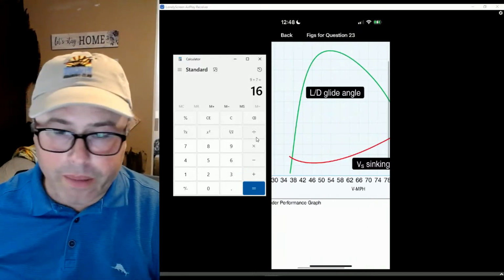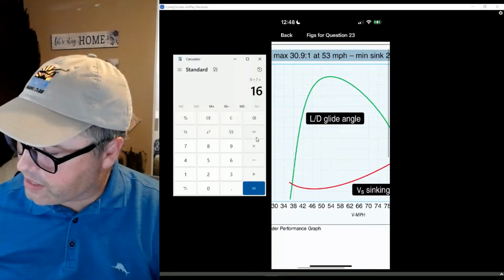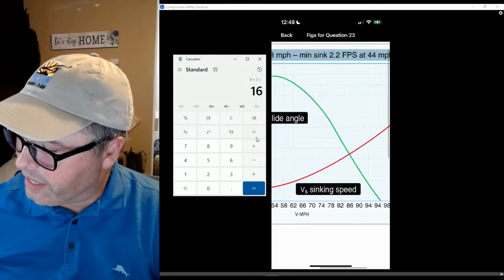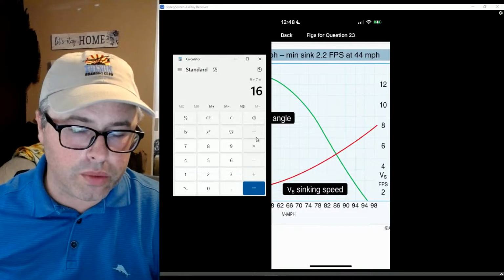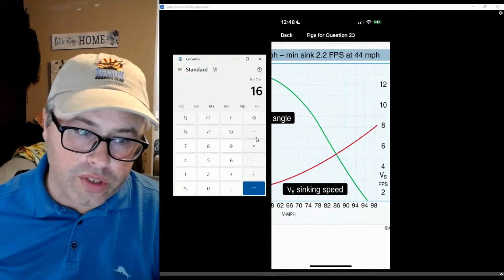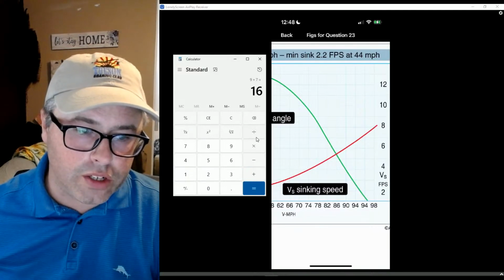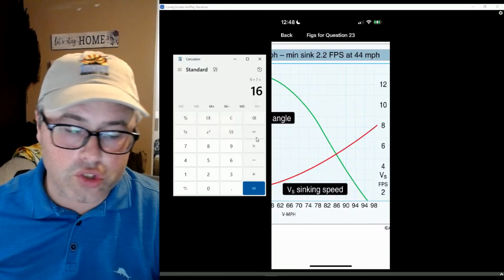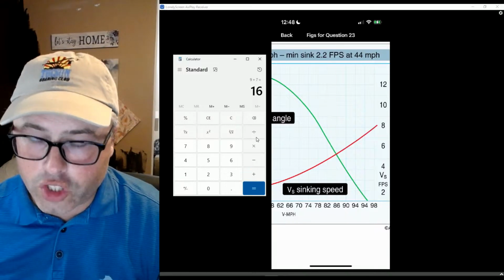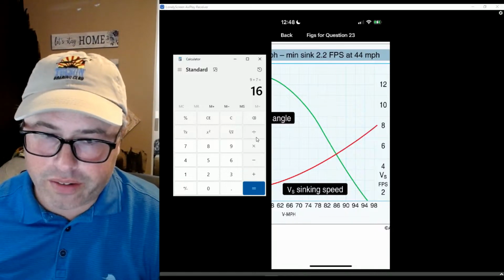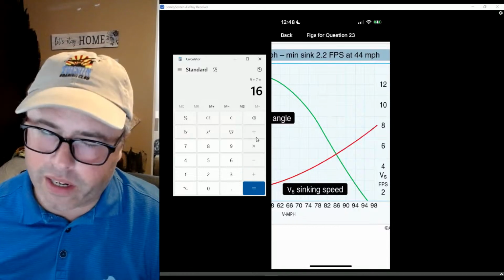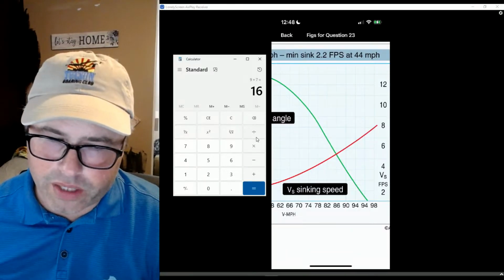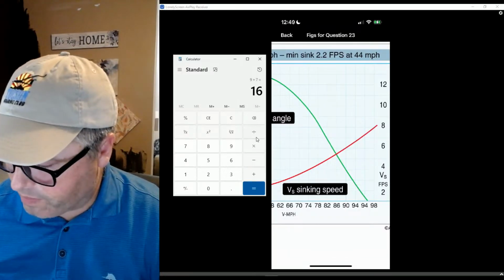So if we're at minimum sink, and they tell us minimum sink is at 44 miles per hour. You need to use these charts some to be able to get familiar with them, so that way you know where to look on the chart to get the information you need. This is why you gotta have the book. You just buy a copy of the book. It's like 10 or something bucks on Amazon. I'll put a link in there.